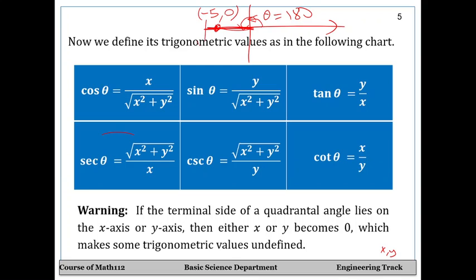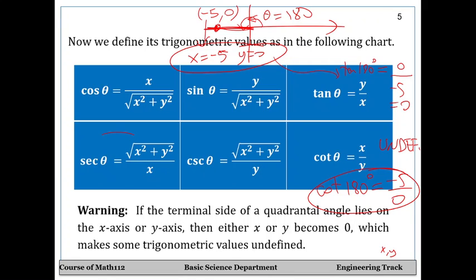So x will be minus 5, and then y will be 0. And when you try to get the tangent value here, the tangent of 180, it will be something like 0 over minus 5, which is 0. And in the same way, if you try to do this cotangent of 180, it will be minus 5 over 0, which is undefined here.